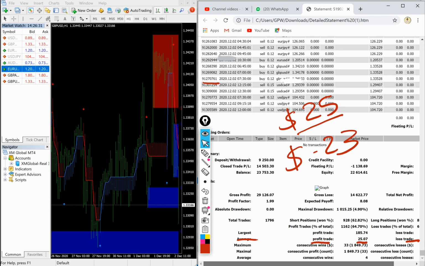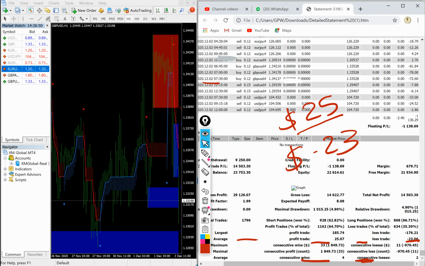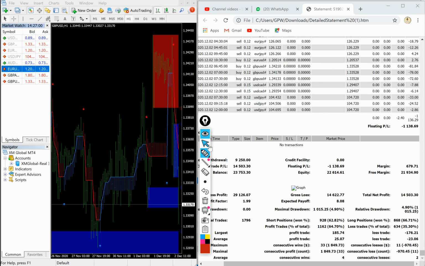Also check, let me go down, and you can check over here the consecutive wins and consecutive losses. The consecutive wins are 4 and consecutive losses are 2. So it means that we can combine both of these, the average profit and consecutive wins.